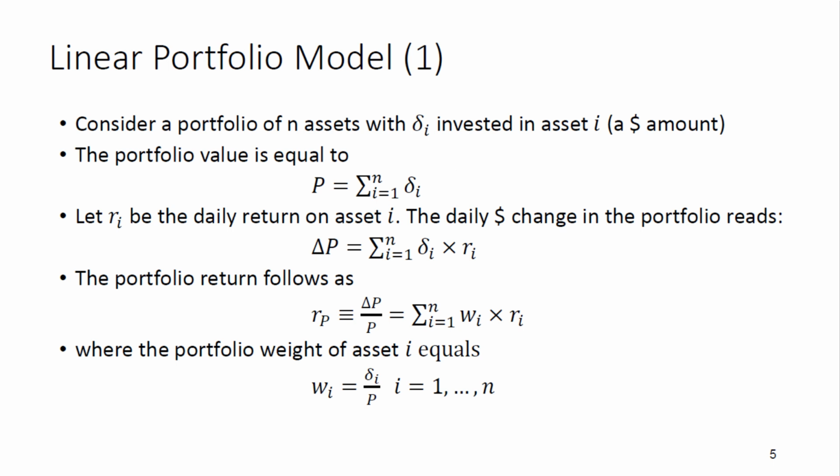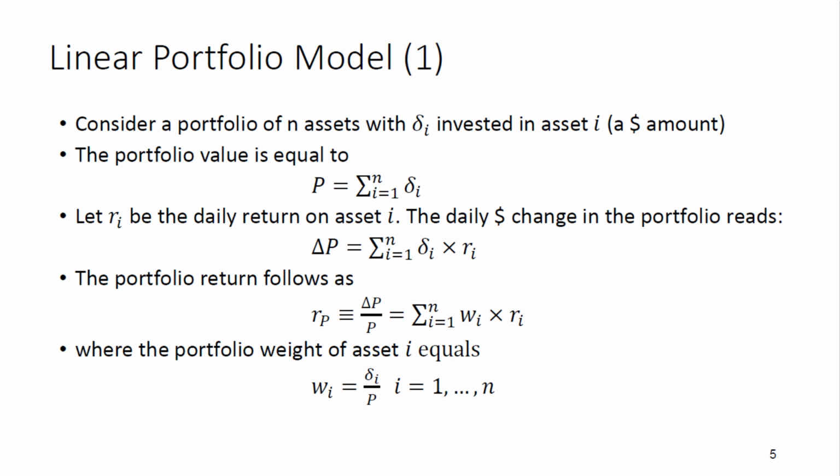With Wi, I denote the weight of asset i in portfolio P, and Ri was the return on a particular day on asset i. If I multiply the two and add them up over all assets in the portfolio, I get the portfolio return. So the portfolio return is very simply the weighted return of the individual assets, and the weights obviously add up to 1.